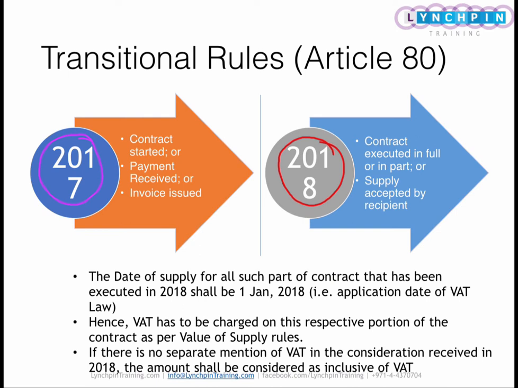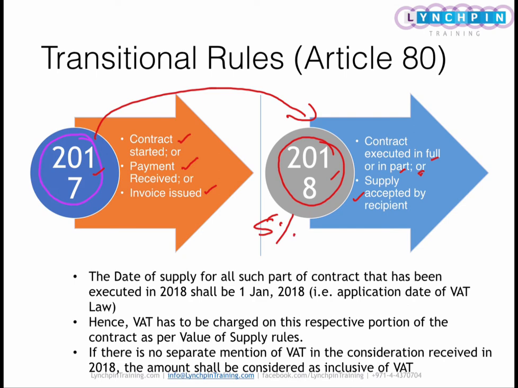If you have a contract which you started in 17, or you got advance payment, or you got an invoice issued, but it is executed in 18, either in full or in parts, or supply is accepted by the recipient, which means if you have supplied the item in 18 but you have invoiced in 17, or you got advance in 17, still it will be subject to 5% VAT.